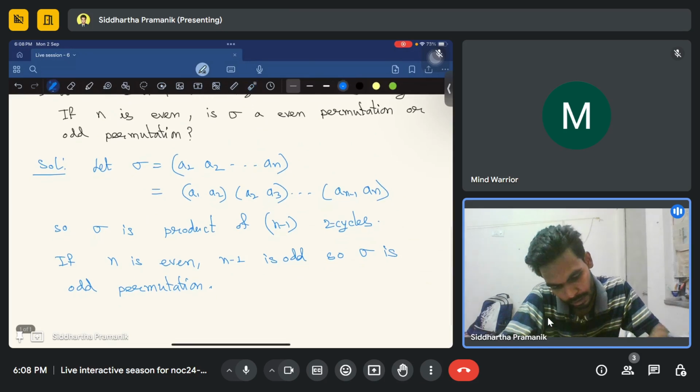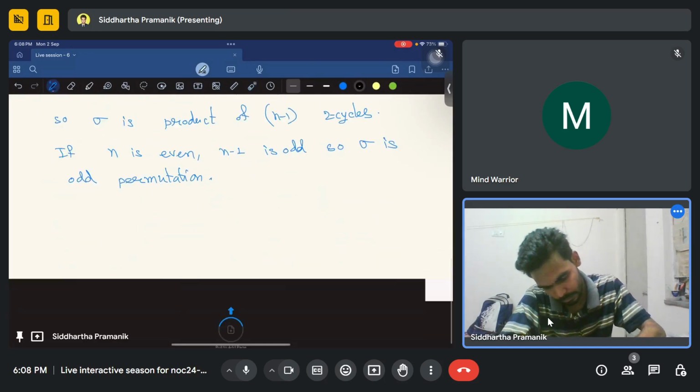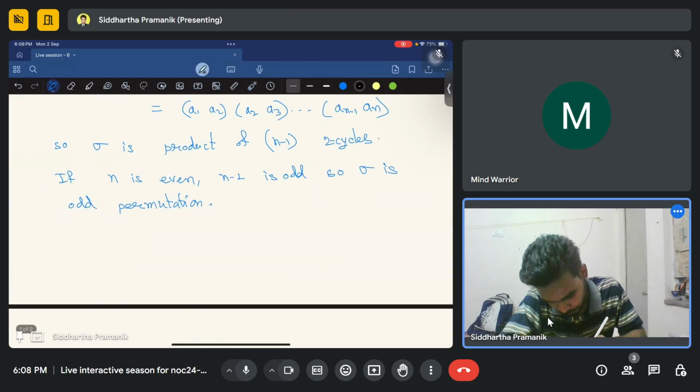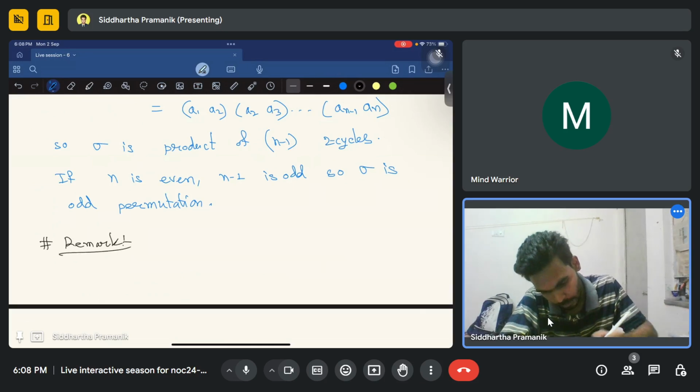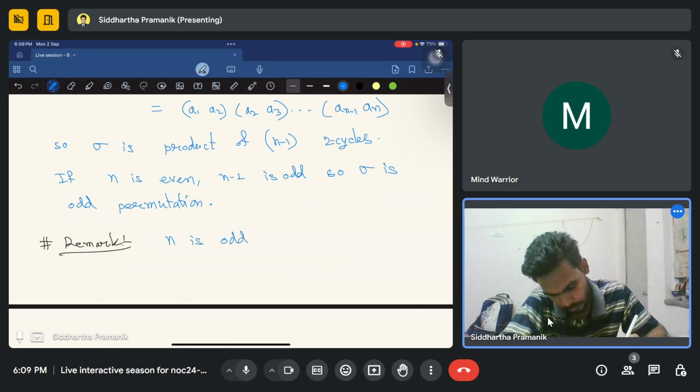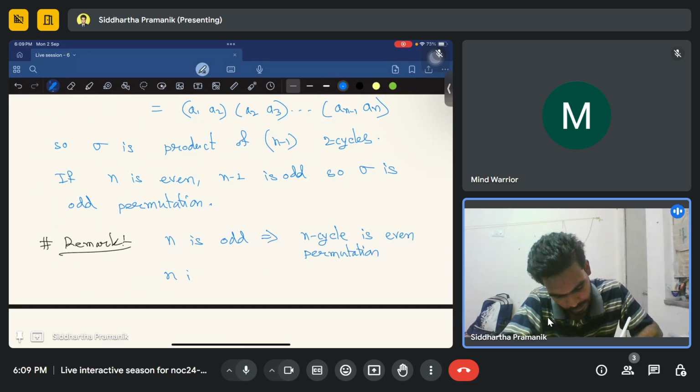But if we assume n is odd, then the reverse happens, right? So let me put it as a remark. n is odd implies the n cycle is an even permutation, and n is even means the n cycle is an odd permutation.